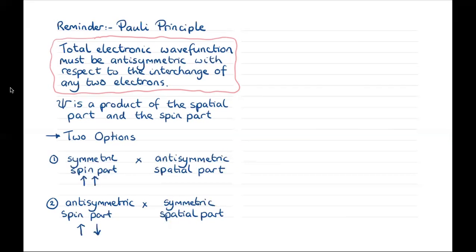Okay, so now let's write down spatial wave functions that have the required symmetric or antisymmetric form that we can then use to calculate the total energy.